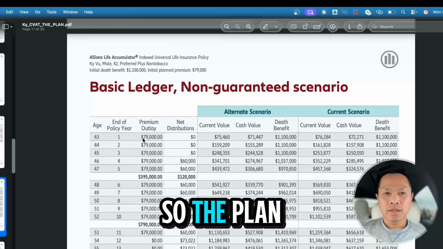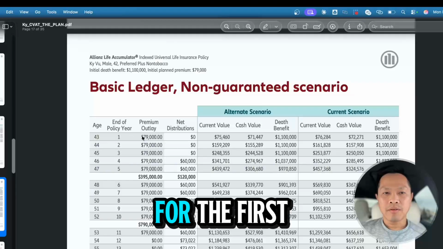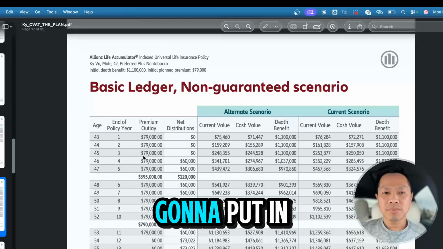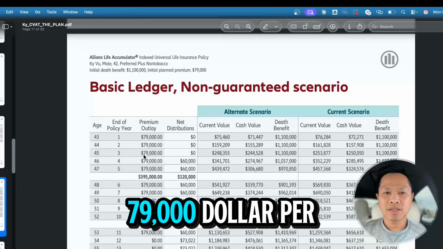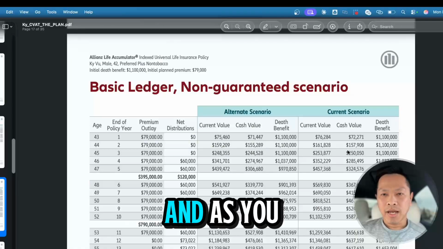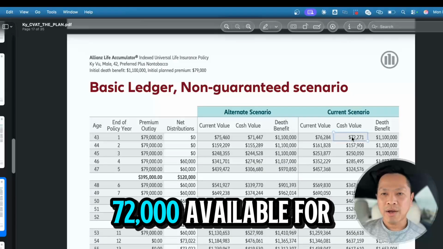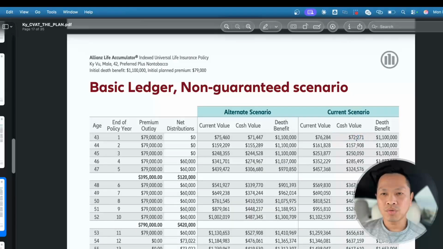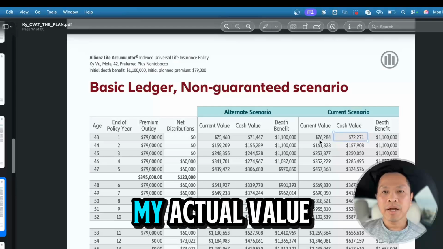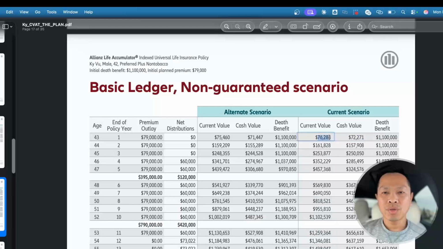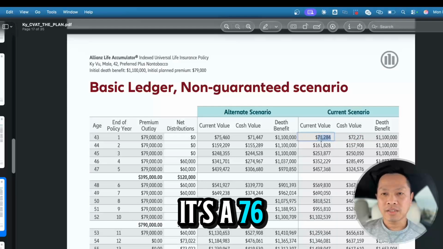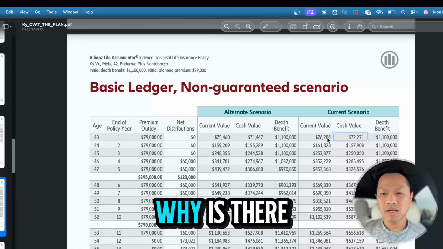So the plan is for the first 3 years, I'm going to put in $79,000 per year. And as you can see, the first year I'm going to have 72,000 available for me to use, right? My actual value is 76. So you probably wonder, why is there a difference?